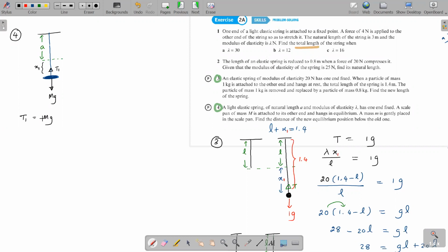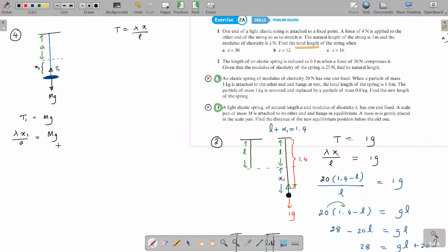So tension in an elastic string or spring, we can find it by using Hooke's law. What is it? Tension is equal to lambda x over L, right? So the tension equation is lambda x over L, where lambda is the modulus of elasticity, extension is x1 here, over natural length, in this case A, equals capital Mg.